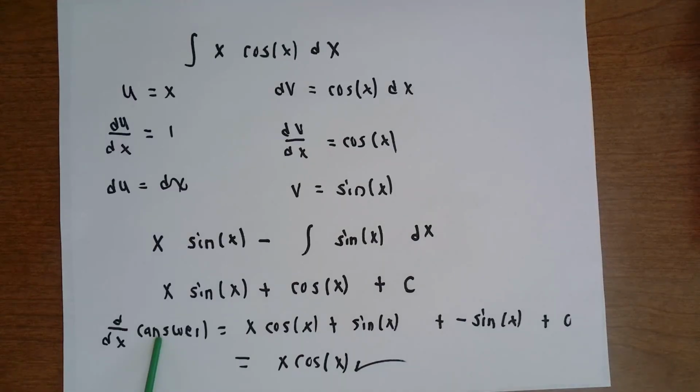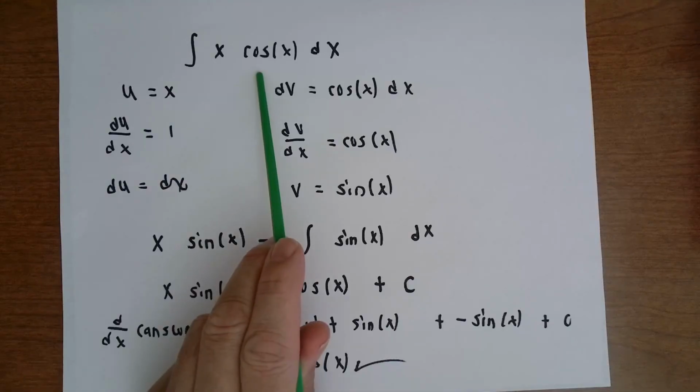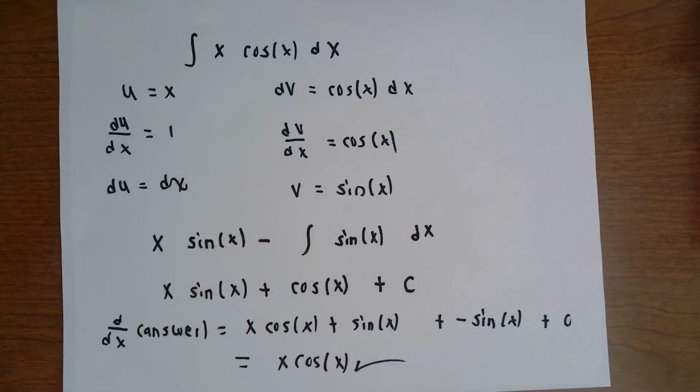The derivative of the answer is x multiplied by the derivative of sine x, x times cosine x, plus the derivative of x multiplied by sine x, 1 times sine x, plus negative sine x, plus the derivative of a constant, which is 0. These terms cancel each other out, and all that remains is x cosine x, just as it should be.